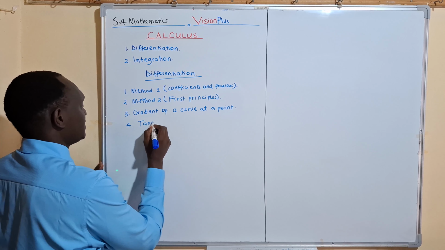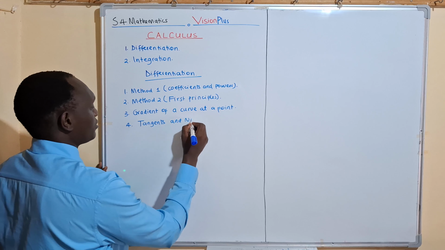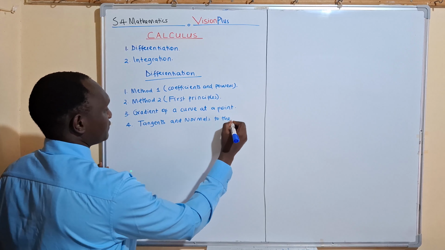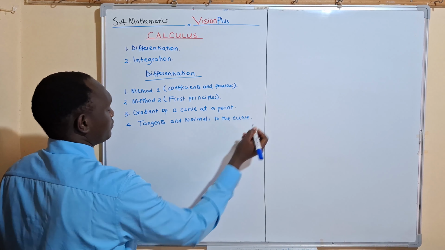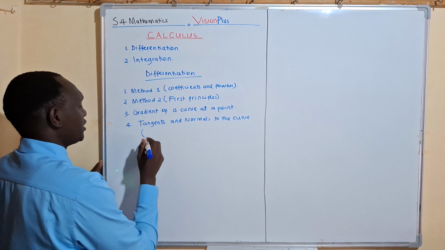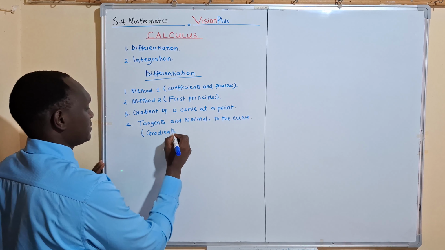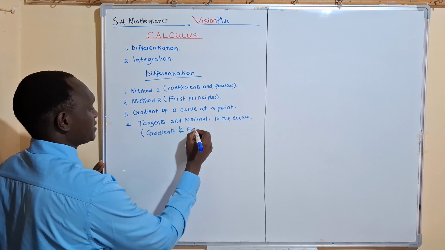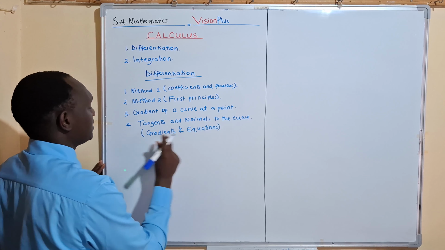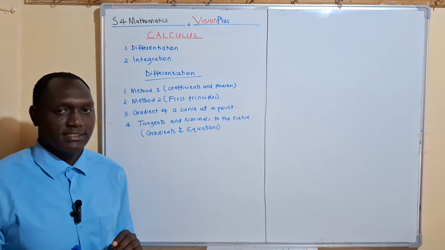So we shall look at tangents and normals to the curve. When we look at tangents and normals to the curve, we shall look at their gradients and their equations. That is the equation of the normal and the equation of the tangent.